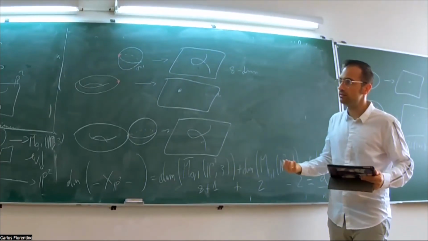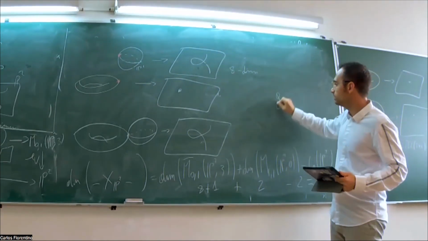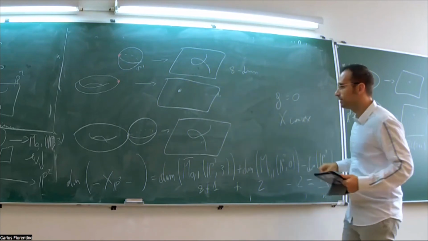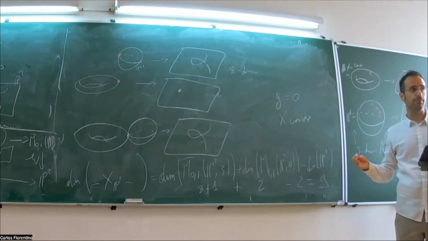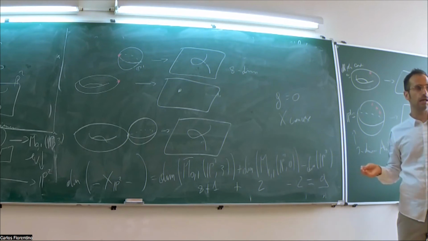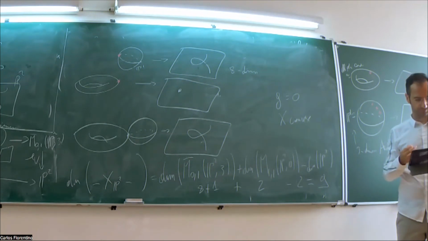We will see that when we choose g equal to 0 and X convex, this doesn't happen. The moduli space is well behaved, irreducible, not too singular, of the expected dimension.